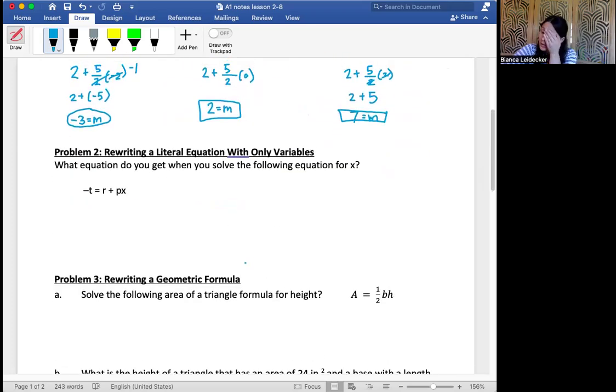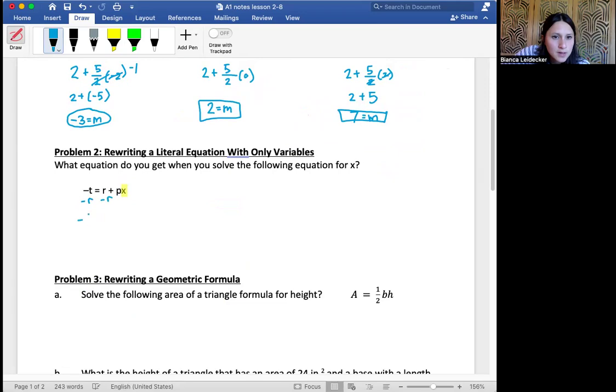Okay, let's keep working where I'm solving for a specific variable. Here it says, what equation do you get when you solve the following equation for x? So I'm going to solve for x, and I'm going to highlight x here just so we can remember that's what I want by itself. So I got to get rid of everything else. I'm going to undo the problem, subtracting r on both sides.